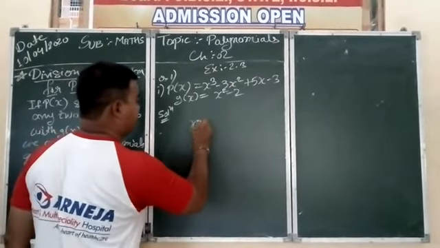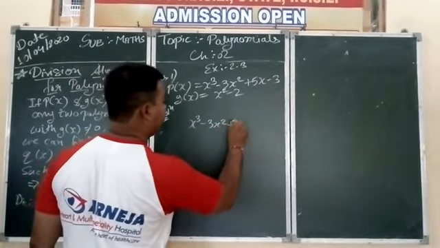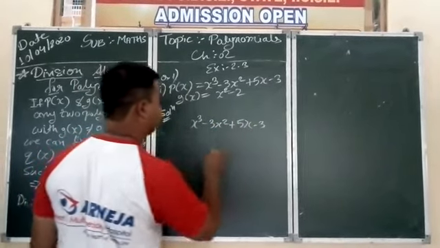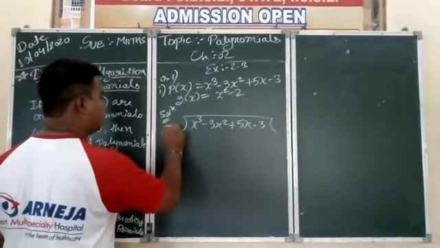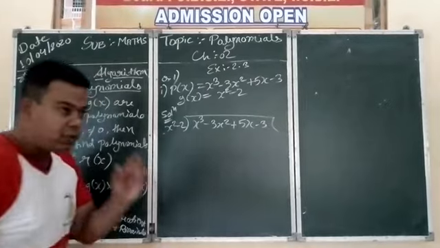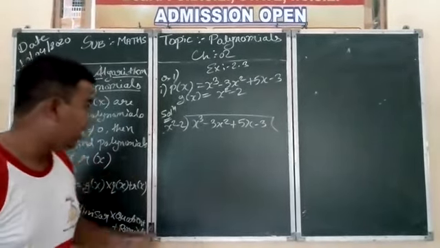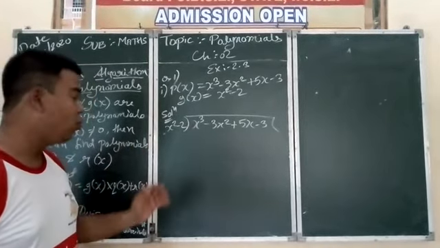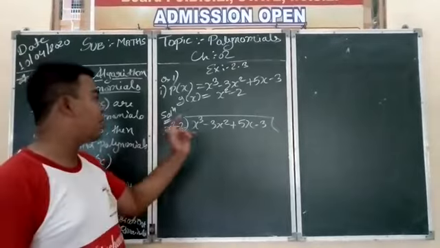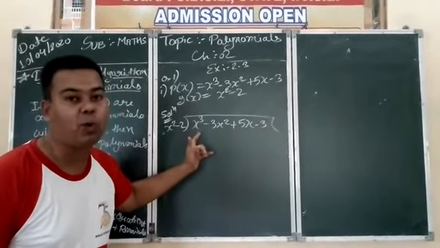First write x cube minus 3x square plus 5x minus 3 and divide by x square minus 2. So x square minus 2 is the divisor and this is the dividend. The divisor x square minus 2 is multiplied by which term to get the first term? We want x cube.